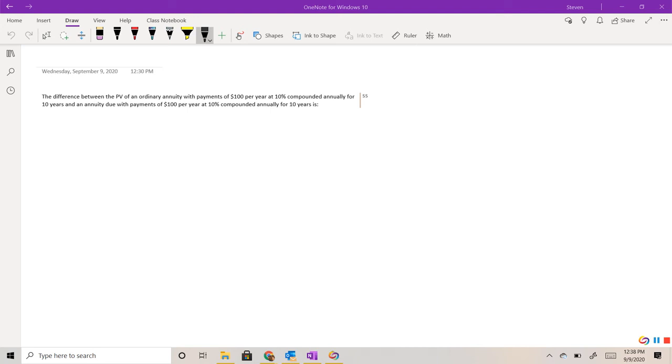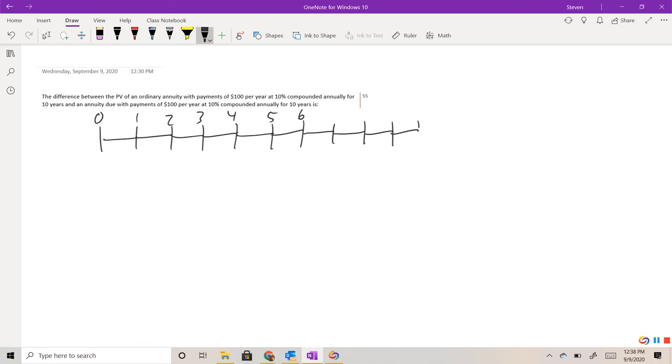There are two different ways we can go about this. One, let's start with a conceptual side on just what these things look like. Let's map out these cash flows: 0, 1, 2, 3, 4, 5, 6, 7, 8, 9, and 10.